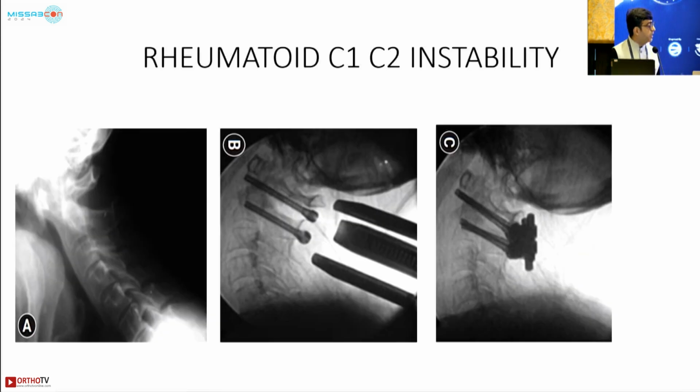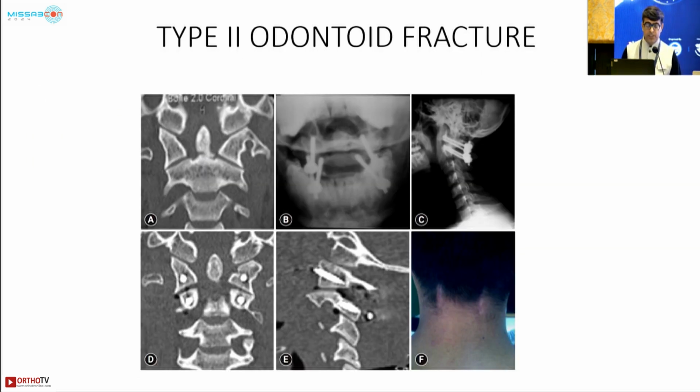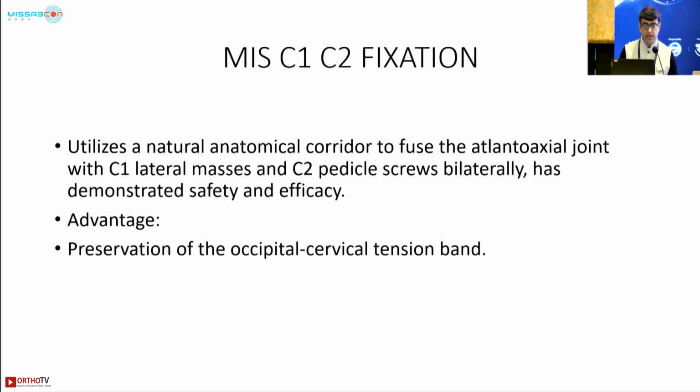You can see it being used for rheumatoid C1-C2 instability, C1 lateral mass fixation, C2 pedicular fixation, and excellent alignment has been achieved. This case with an odontoid fracture had C1-C2 posterior fixation again done with a bilateral paramedian incision. Here again the advantage is you are using a natural corridor on both sides. It preserves the posterior tension band, and postoperative neck pain would be reduced.